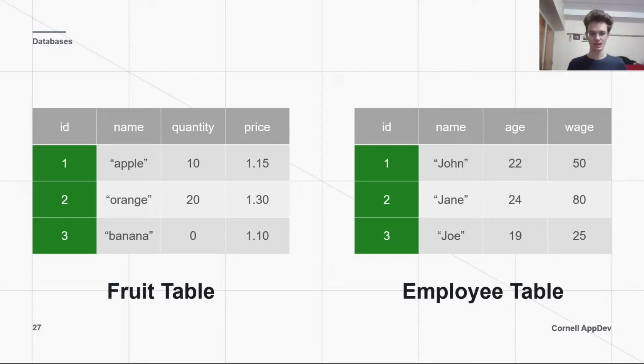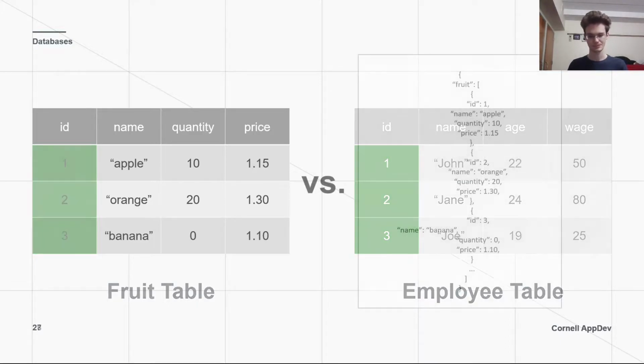And each table has independent IDs. These tables exist completely independently of each other, just within the same unit of a database, which lets us connect them in some interesting ways a little bit later.